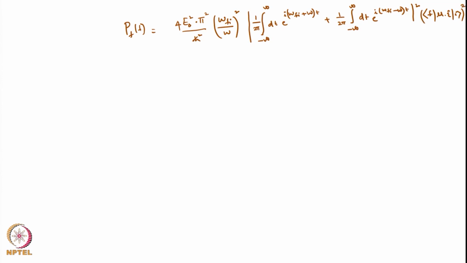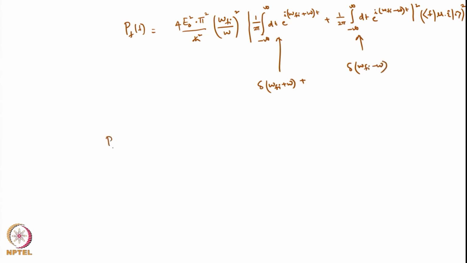Now, if you look at this, this function can be written as delta of omega fi plus omega, and this function can be written as delta of omega fi minus omega.